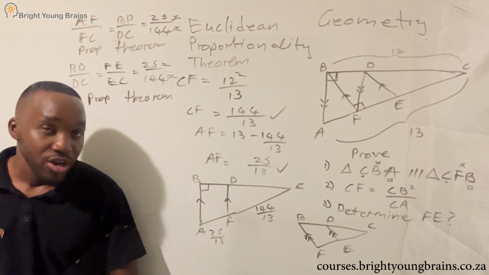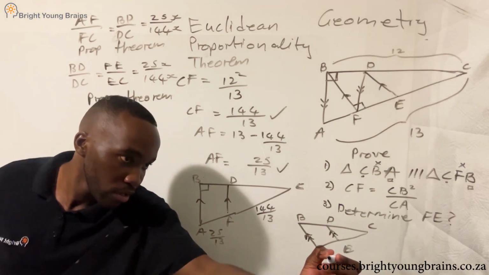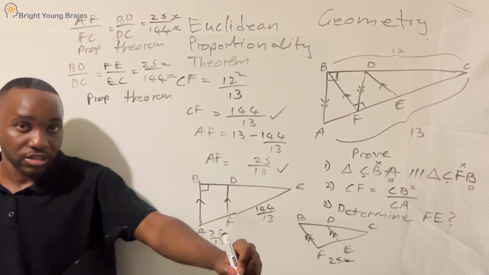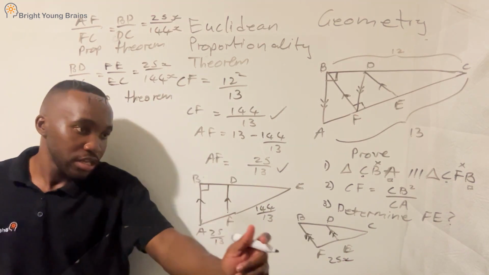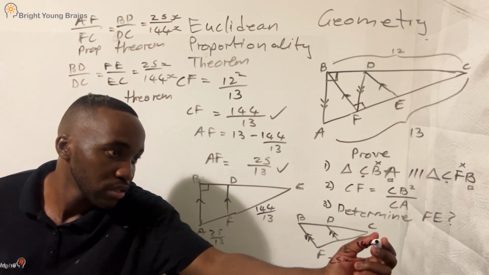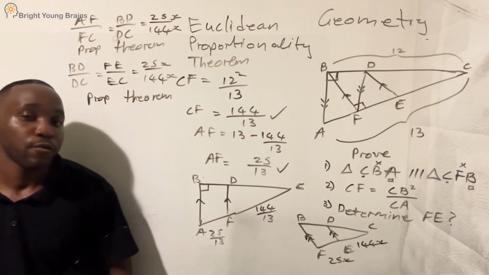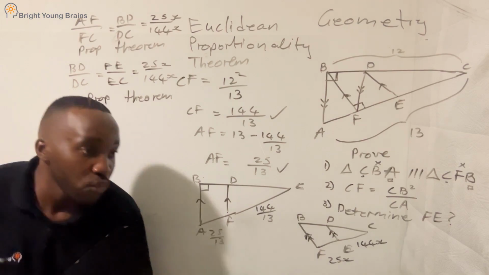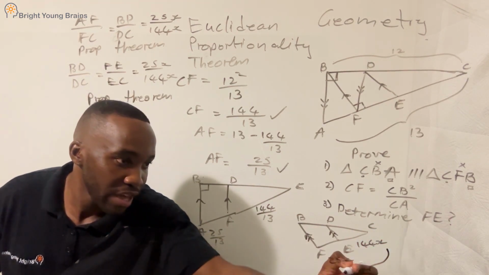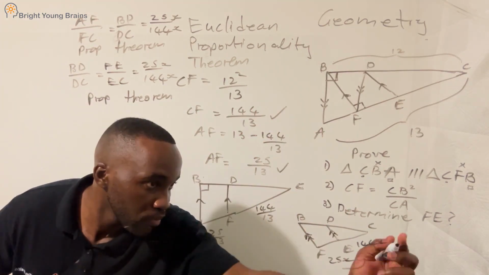With all that being said, we know that FE is represented by 25x, and CE is represented by 144x, because that's just the ratio 25 to 144. So what we need to do is break up the length of CF. The length of CF is 144 over 13.